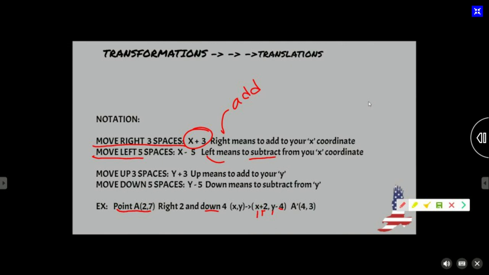Up is increasing y, down is decreasing y. Stuff on your notes, guys.